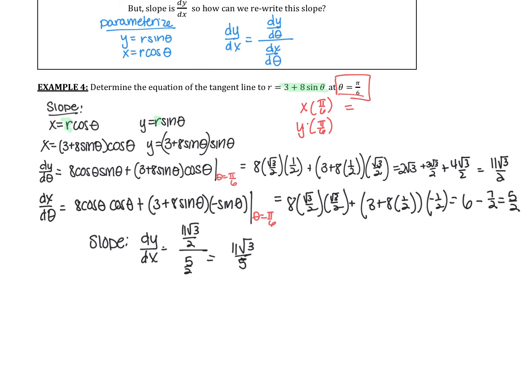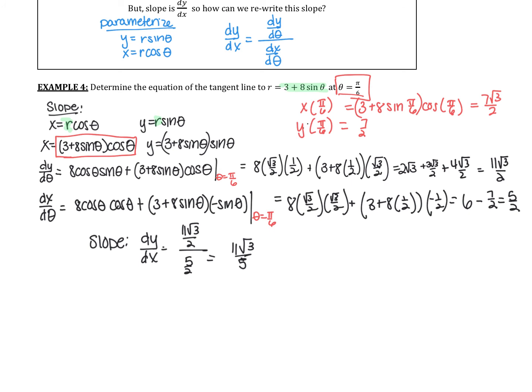So x of pi over 6, I'm going to use the idea of what x equals: 3 plus 8 sine pi over 6 times cosine pi over 6. If we do the math in there, I'm just going to cheat a little bit, it would be 7 root 3 over 2, and you can verify. And if we do the same thing for y of pi over 6, we get 7/2. And again, you can verify.